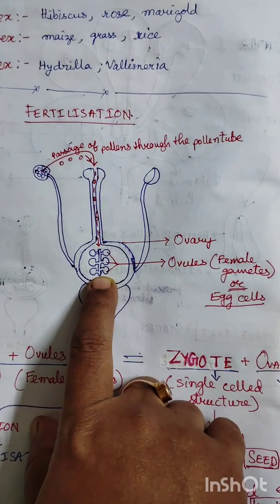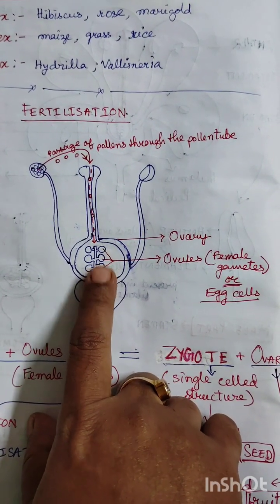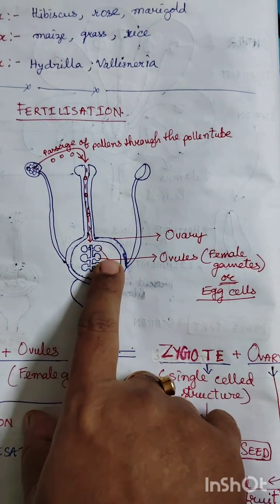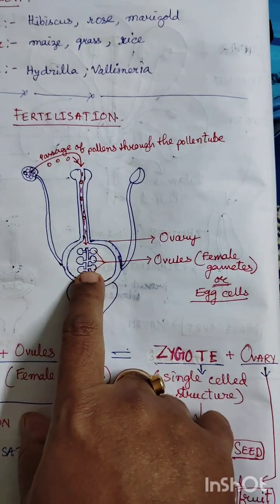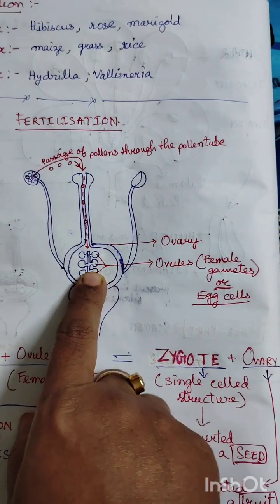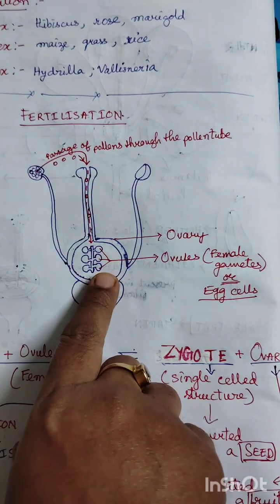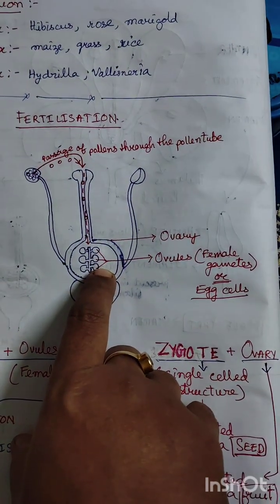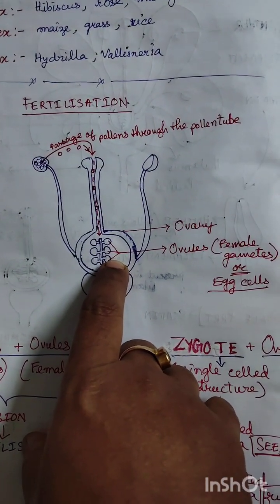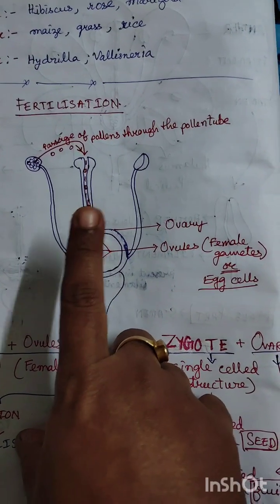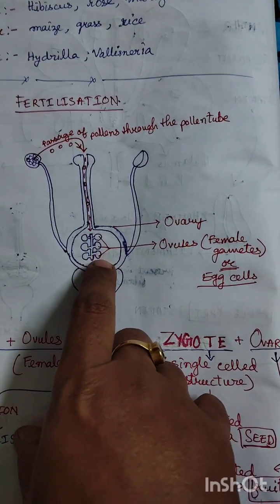Okay. One of the male gametes fuses with the egg cell or female gamete inside the ovary and forms the zygote. Up to this much, we know pollen grains and ovules. After fusion, that process of fusion is called fertilization.